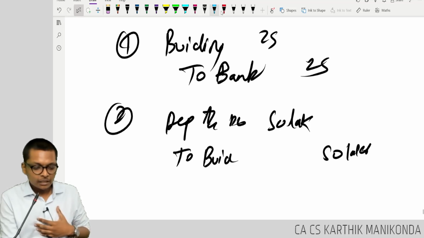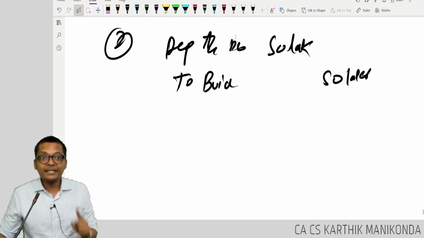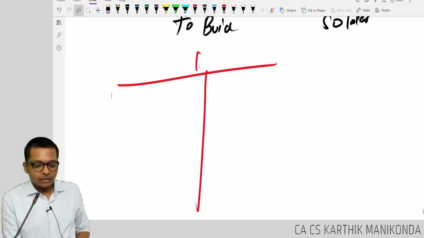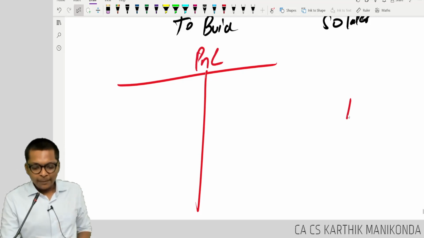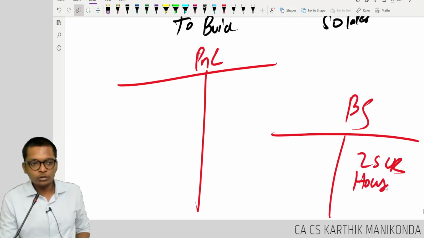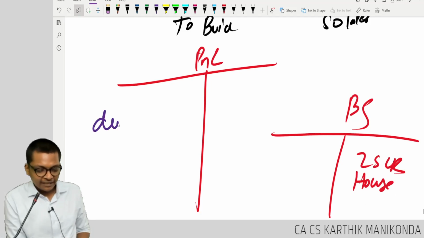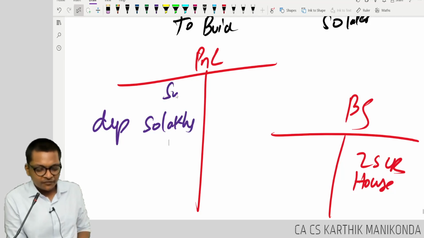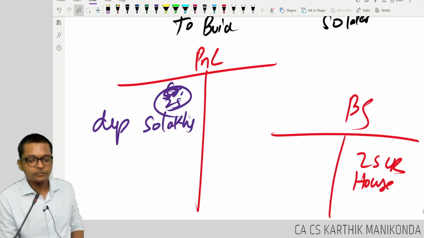That means basically why am I not debiting P&L? Why am I first capitalizing any asset? Because you capitalize any asset here, 25 crores you are capitalizing as house, and you depreciate every year how much, guys? Why can't I debit the full house expense 25 crores in the same year?